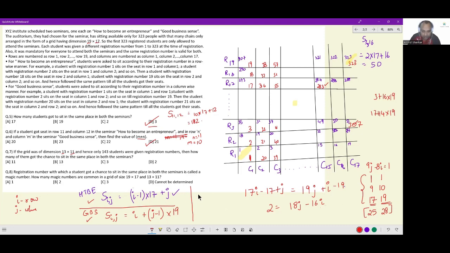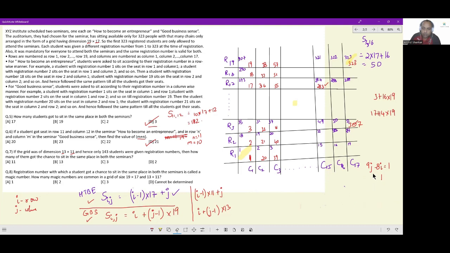Can I say my expression for the registration numbers of the people sitting at a particular seat will simply get edited to i minus 1 into 11 plus j, and here it will get edited to i plus j minus 1 into 13. Same thing, similar structure, just that it gets edited because the total number of rows and columns have changed.